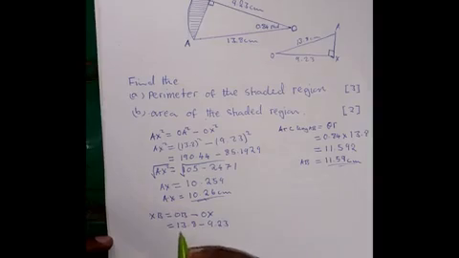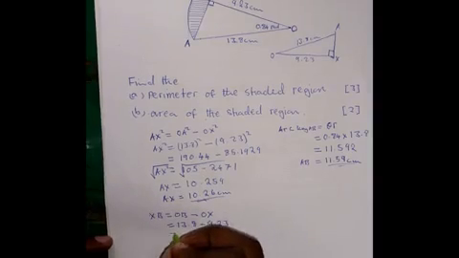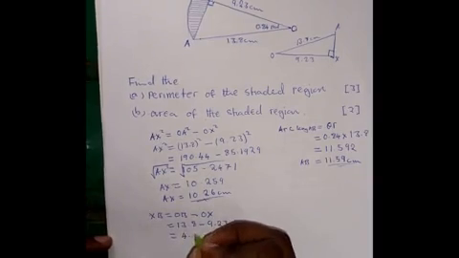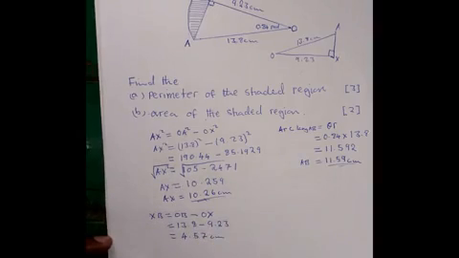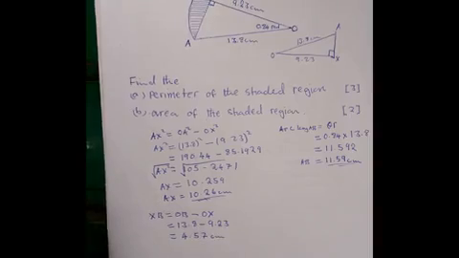Okay, so now when you subtract, you find the difference here, it will give you 4.57 centimeter. So these are the values that we're going to have.